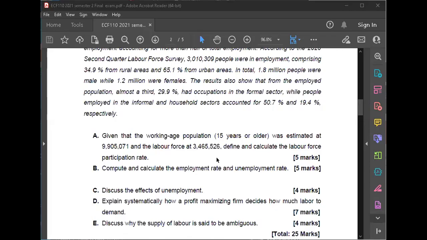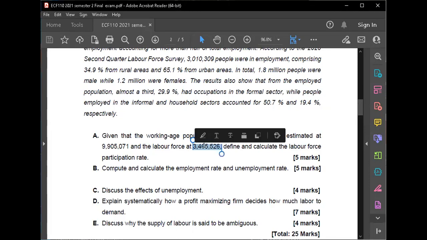So get this number here, which is our labor force, then divide it by the working age population, then multiply that by 100.